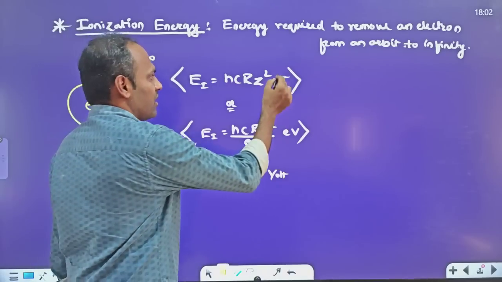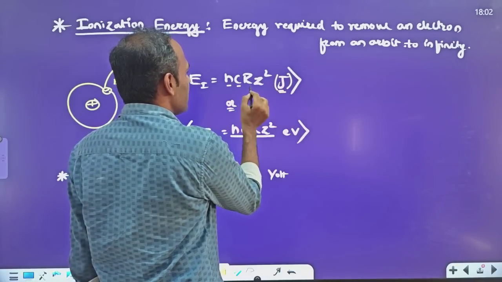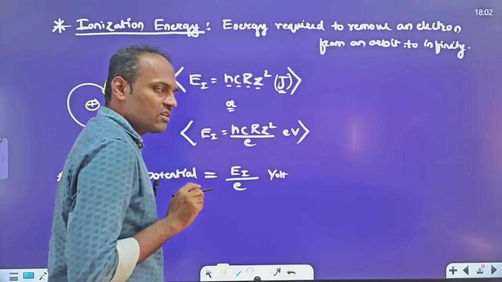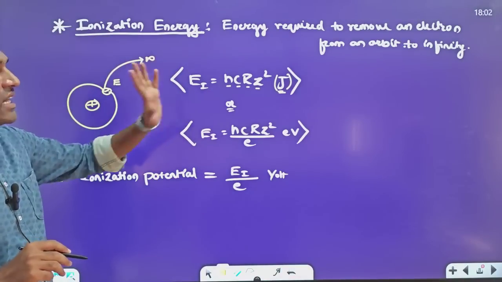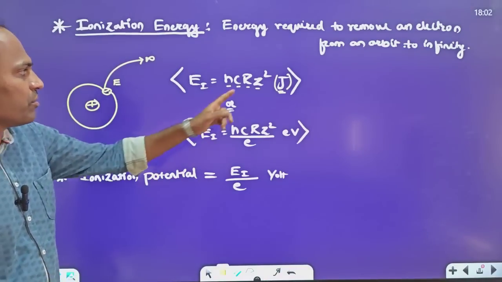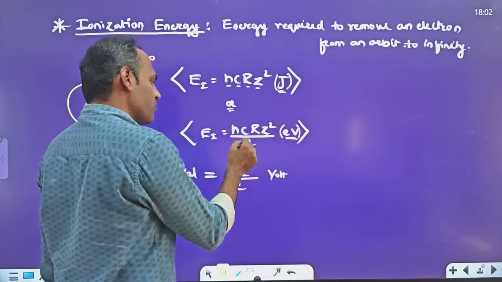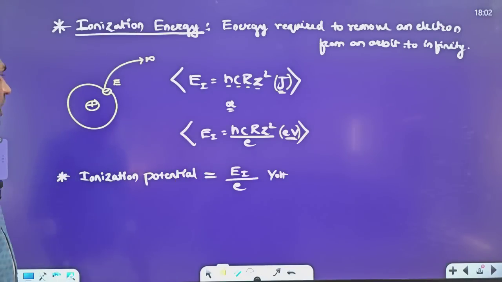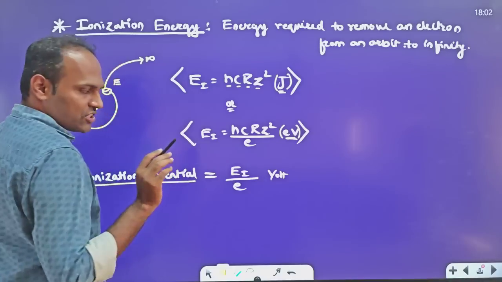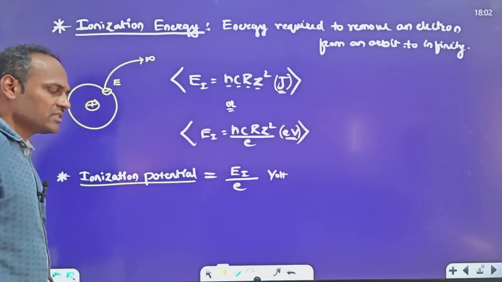J is the unit, joule, in which we get energy. Here h is Planck's constant, c is the speed of light, R is Rydberg's constant, and Z is the atomic number. This gives joules, and if you divide by the charge of an electron, you will get electron volts. Next, ionization potential. Ionization potential is nothing but the ionization energy divided by the charge of an electron.